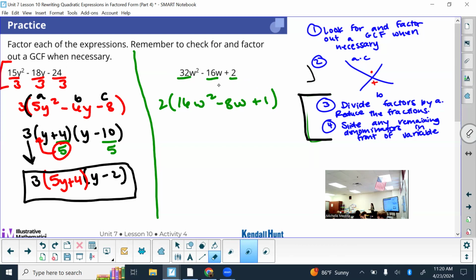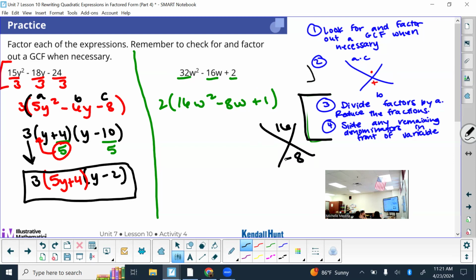So that's me factoring out a GCF. Use the diamond method now to factor the parentheses, or at least see if they can be factored. A times C, 16 times 1 is 16, and then my B value is what multiplies to 16 and adds to -8.